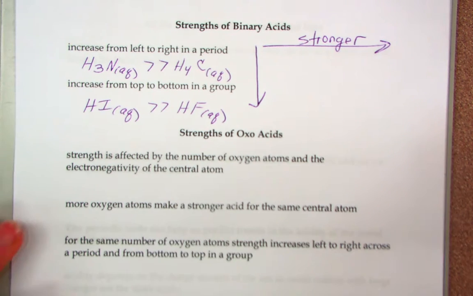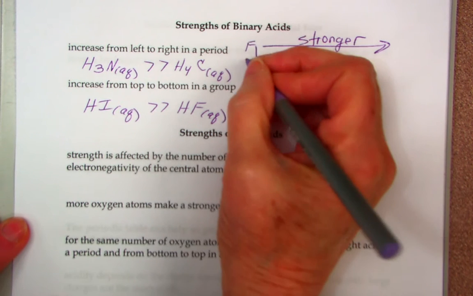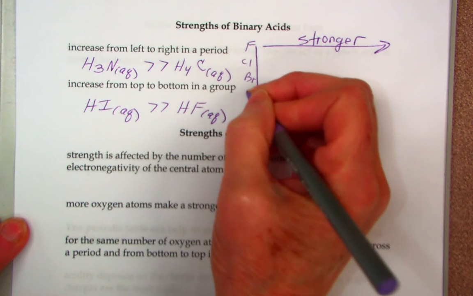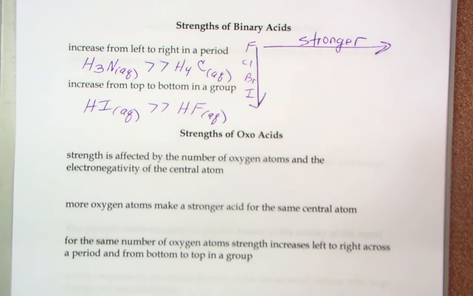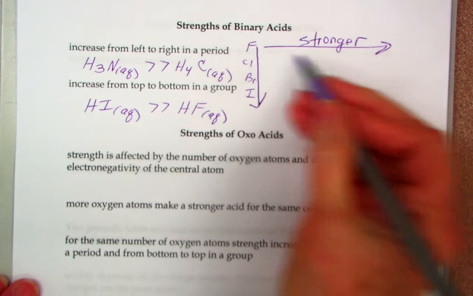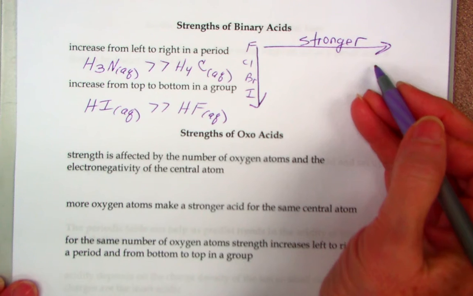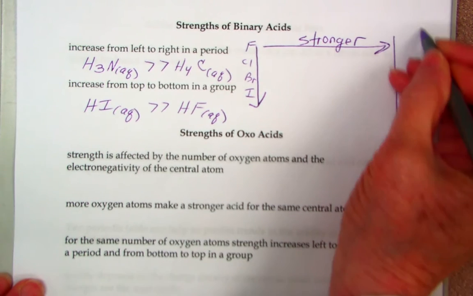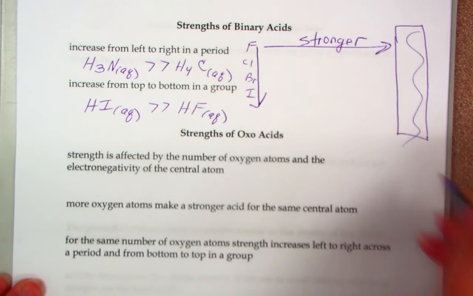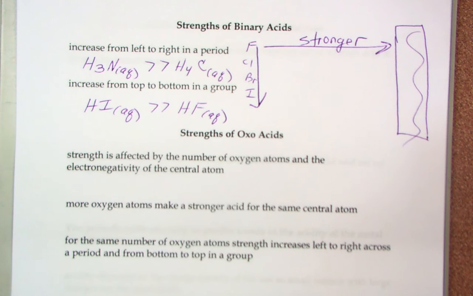You've got fluorine, chlorine, bromine, iodine in that trend, and that helps me. And the way I was able to remember going left to right is that so many of the halogens are strong acids that it made sense you'd get strong acids on the right. And remember, the noble gases are excluded because we don't make acids out of the noble gases.